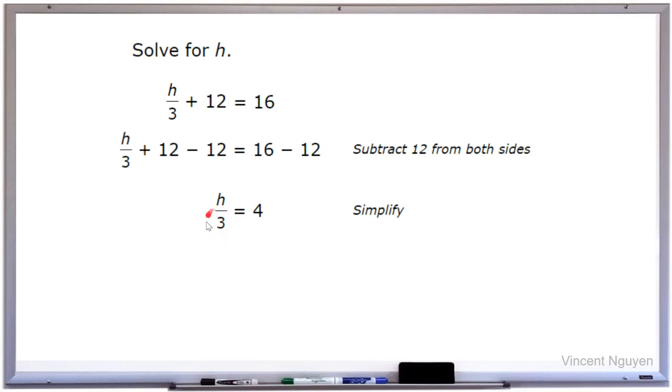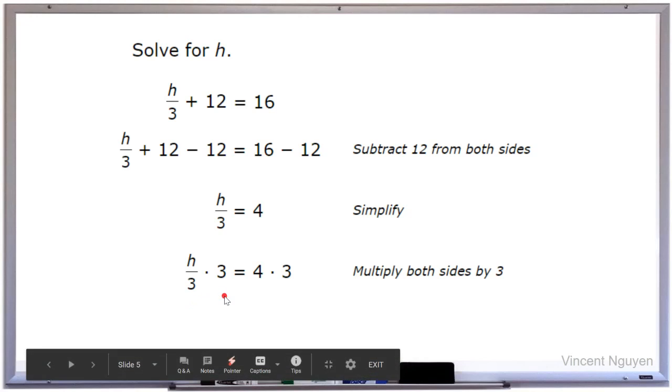Here we have one more step. We have to get rid of this 3 at the bottom. This is division, so we have to use the inverse operation, which is multiplication. We're going to multiply both sides by 3, and then simplify again. The 3 and the 3 go away, because 3 divided by 3 is 1.